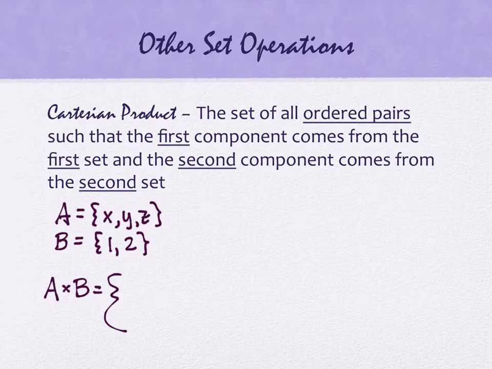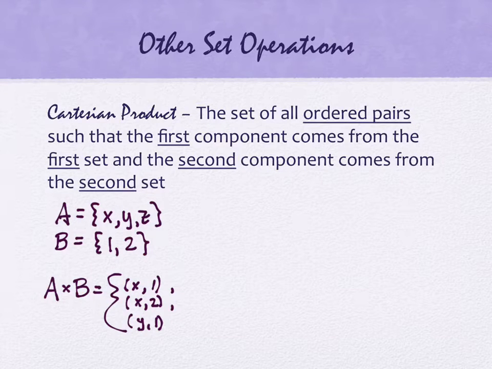So everything I put in here is going to be in a set like an XY ordered pair. It's going to look like when you're working with graphing. Okay? The first item has to come from set A, so maybe like X, and the second item has to come from set B, so maybe like 1. This would be one of my ordered pairs. Can you give me another one? X2. What's another one? Y1.